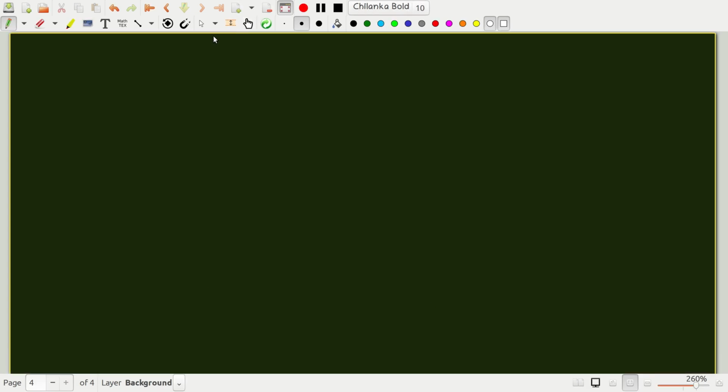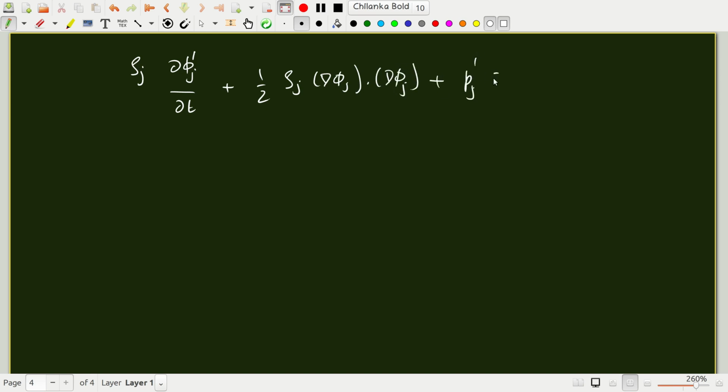this is the equation that we need to solve, and the unsteady Bernoulli equation for the pressure stated that rho j partial phi j prime partial t plus half rho j gradient of phi j dotted with itself plus pj prime is 0. This is non-linear, so we neglect it in a linear analysis because here there is no velocity in the base state.